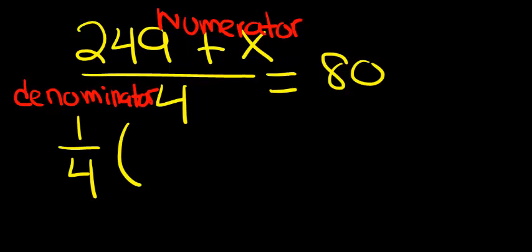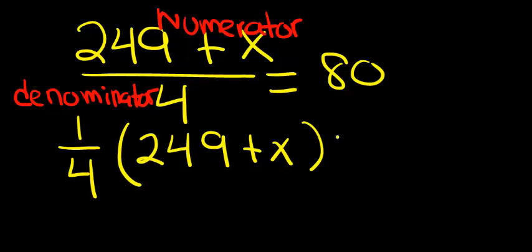So what I want to do is I've pulled out this 1/4 and I'm rewriting the left-hand side of the algebraic equation like this. It's an equivalent, or the exact same, expression that I have. But now I can see I'm dealing with a fraction.